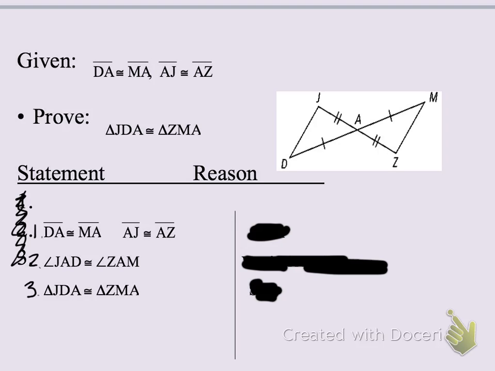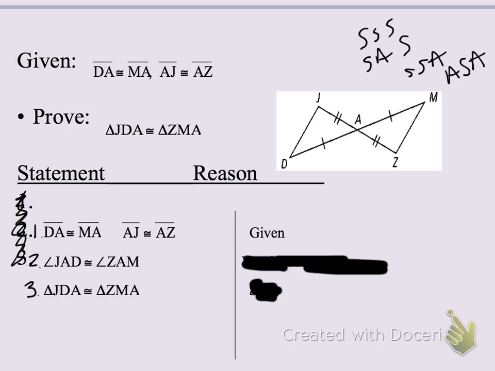Okay, so now let's do this proof. So I have DA is congruent to MA and AJ is congruent to AZ, okay? And that's given because we always start with our given statement. So then for my next step, I'm trying to prove that the triangles are congruent. So I want to see if one of the things I just learned is true. My options are side, side, side; side, angle, side; and angle, side, angle.